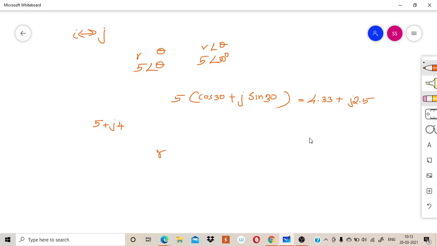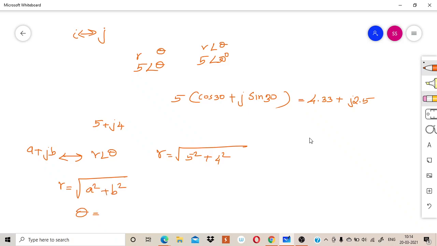That means if we have a plus jb in rectangular form, then r will be equal to under root a square plus b square, and theta is equal to tan inverse b by a.